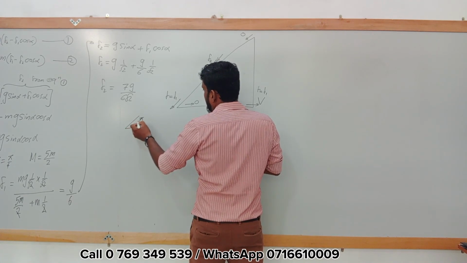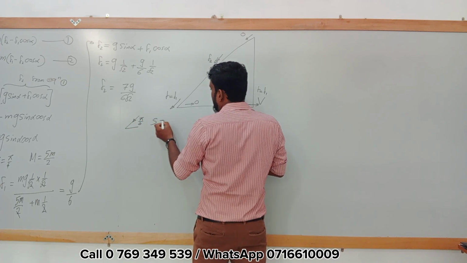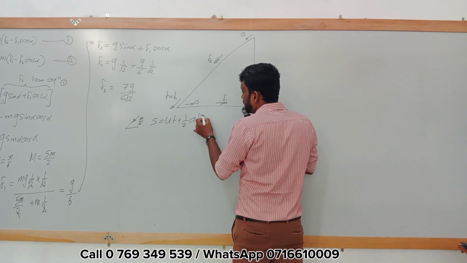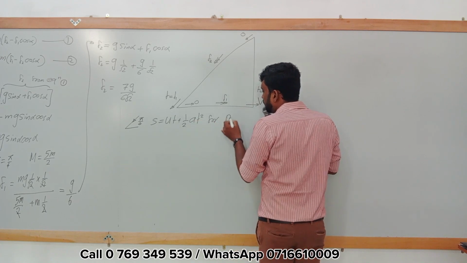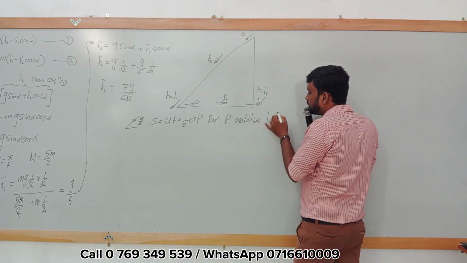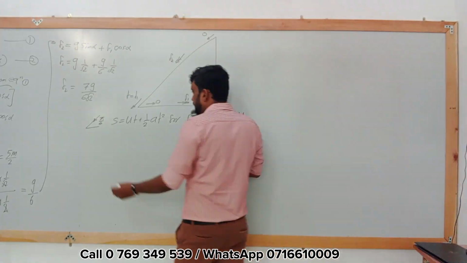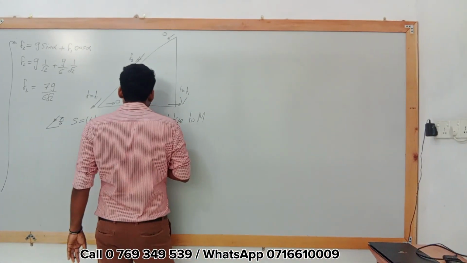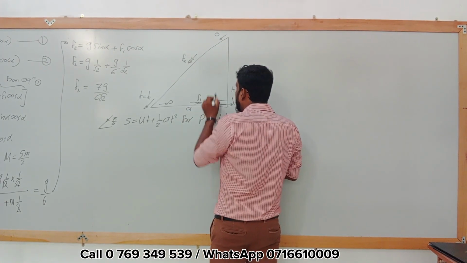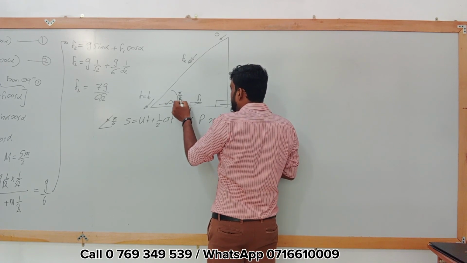This one pi by 4, this side, s equals ut plus half at square for the particle relative to M. M is the wedge. What is this? Here A, and this is the 90 degrees, and here also A, because this one is pi by 4.